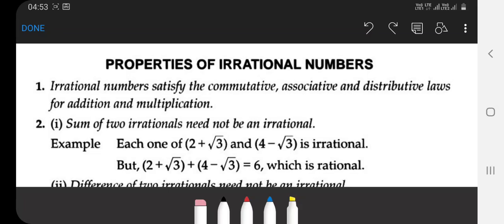These rules you have already studied in earlier classes. So remember that irrational numbers satisfy the commutative, associative, and distributive laws for addition and multiplication. Clear?